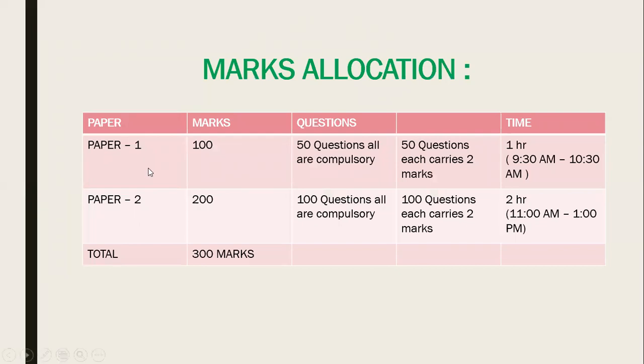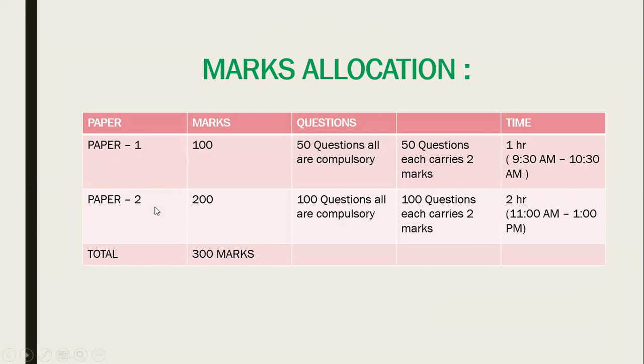The first paper is a 100-mark paper, and you will be having 50 questions, all compulsory, where every question carries 2 marks each, so 50 into 2 is 100. The time allocation for this is just 1 hour, and usually it starts from 9:30 in the morning and ends by 10:30 a.m., the forenoon. 1 hour of time is allocated.